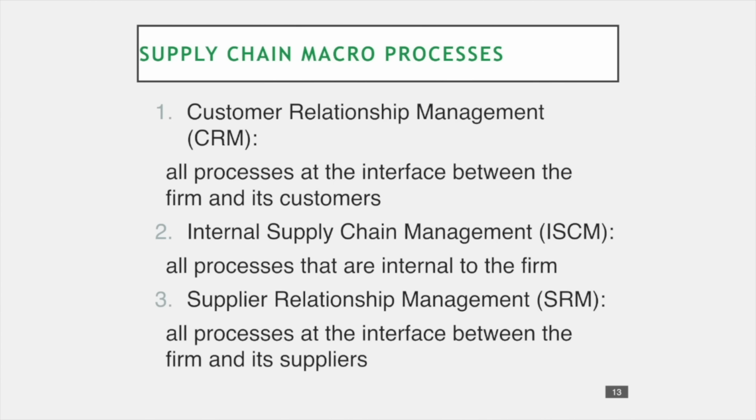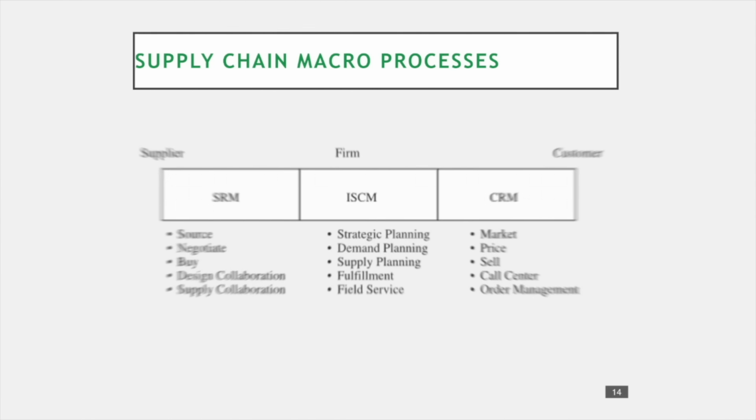And then the third category is supplier relationship management, SRM, which covers all the processes at the interface between the firm and its suppliers. So it includes activities such as how a supplier is chosen and monitoring how a supplier is performing in terms of on-time deliveries, quality, and so on.